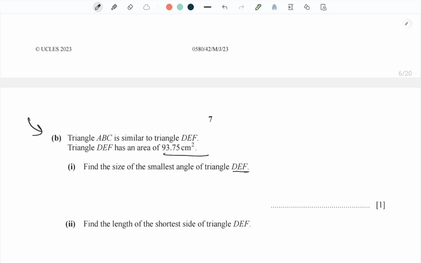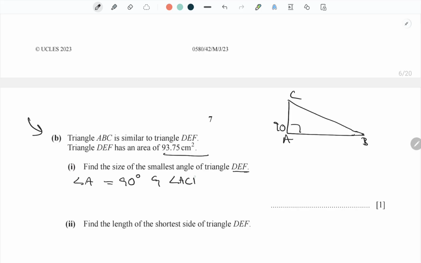So first of all, the previous angle A is 90 degrees, right? I just draw the triangle here, A, B and C. So A is 90 degrees, and angle ACB we found in the last part, that is 61.9 degrees.